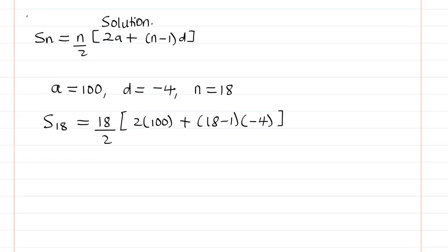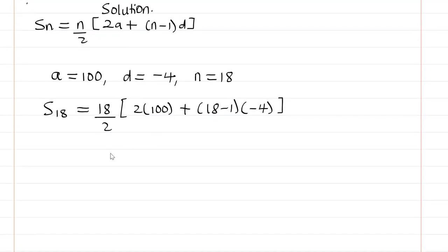Now from here, we simplify using a calculator. What is 18 divided by 2? We shall have 9 into 2 times 100, we get 200, plus 18 minus 1, 17. 17 times -4, -68.